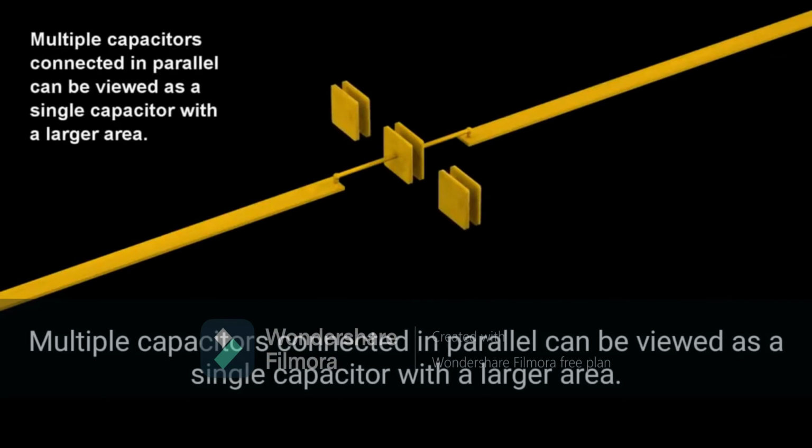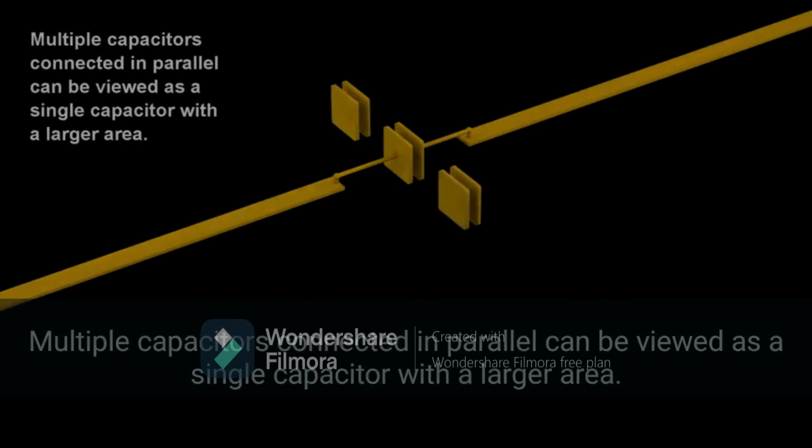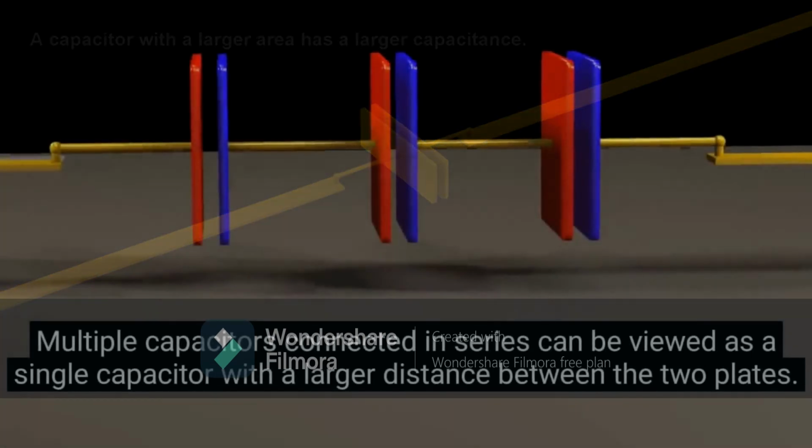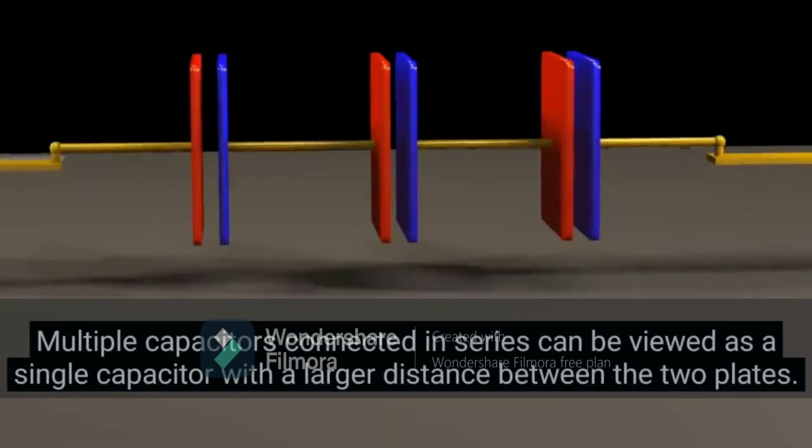Here we are seeing three capacitors in parallel. If we bring them close together, we can assume the plate area increases. Earlier we discussed that if the area of the plate increases, your capacitance value increases. The next picture shows three capacitors connected in series.